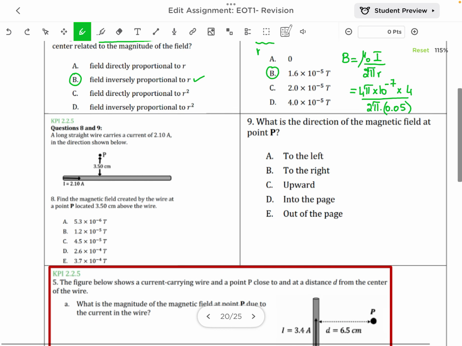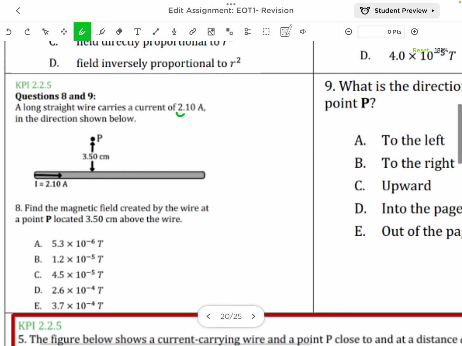The unit is Tesla. Now, question number 8 and 9 are related. A long straight wire carries 2.10 amps at a distance r equals 3.5. Not to forget that I need to convert this.